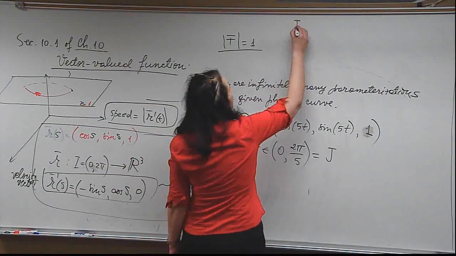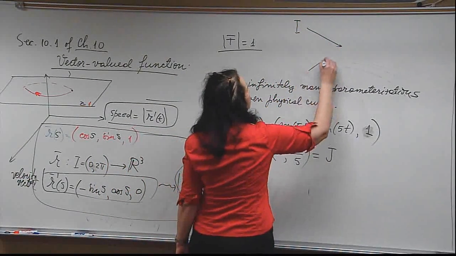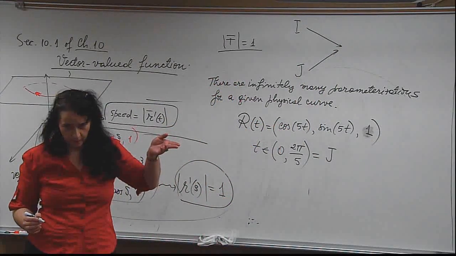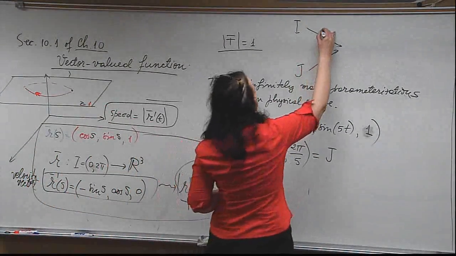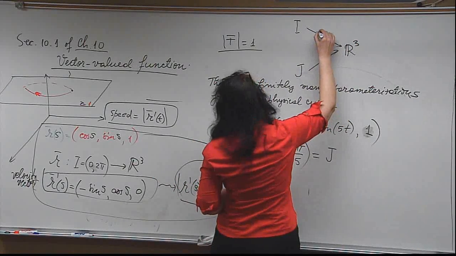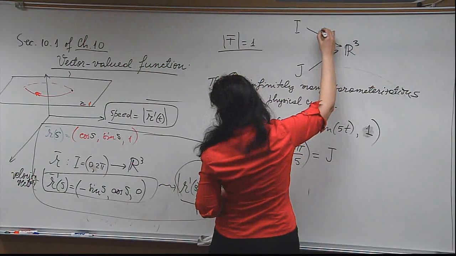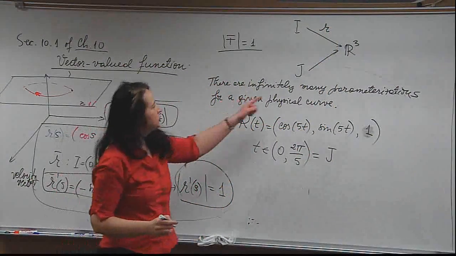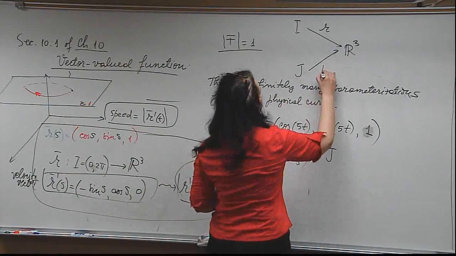The parametrizations are both starting from different intervals. First I have the parametrization from I going to R3, and that's called, how did we baptize that? r. And the other one, from J to R3, we call that big R.